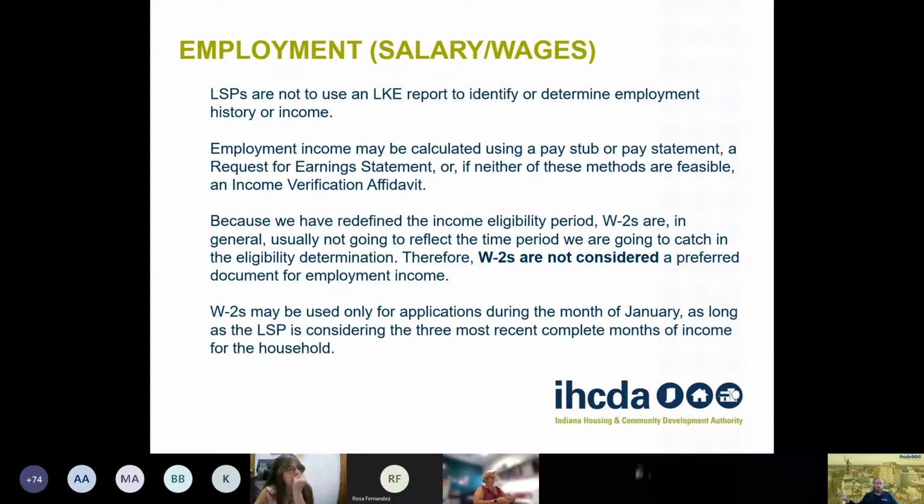Once February 1 hits, your most recent 3 complete months are going to become November, December, January, and that W-2 is no longer going to be good for that. I hope that made sense. I am happy to go into more detail and provide more examples later on in the presentation.